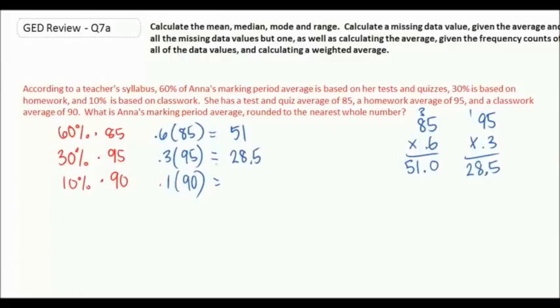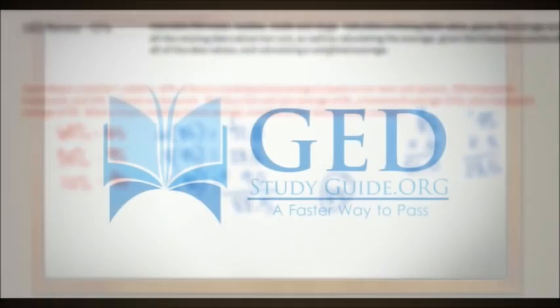And then 0.1 times 90 is just going to be 9. We can fill in those missing decimals. So we add, we get 5, we get 18, we get an 8. And rounded to the nearest whole number, Anna's final marking period grade is going to be an 89.